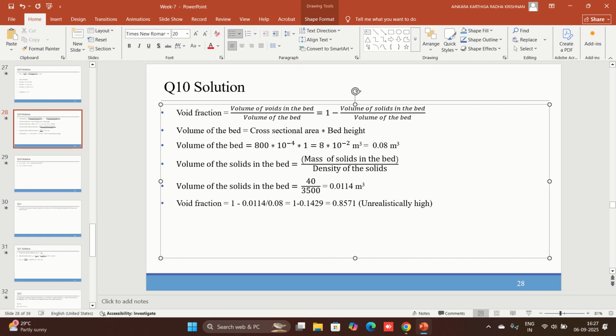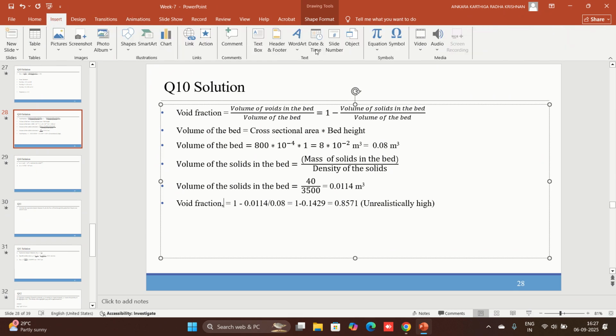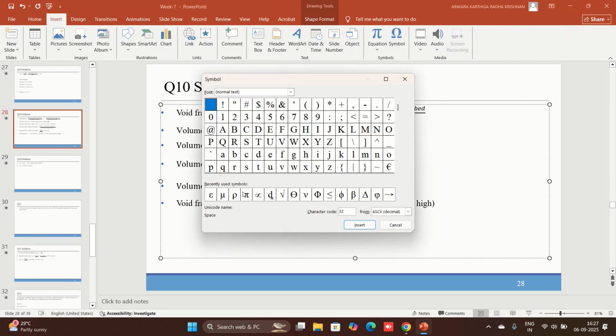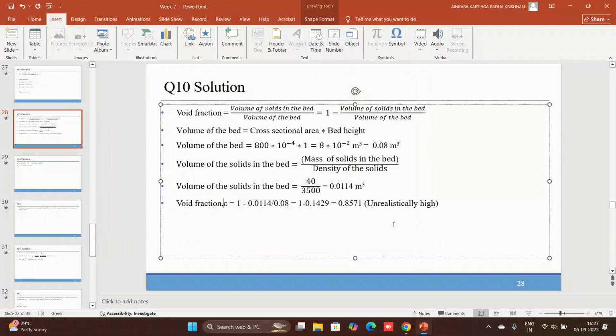The volume of solids is mass divided by particle density. Put together, we get the void fraction, epsilon.